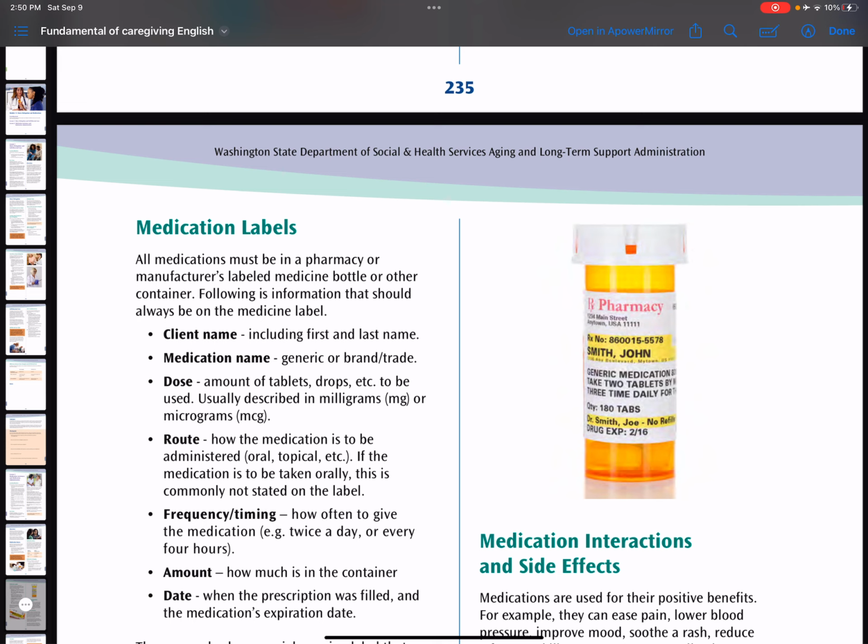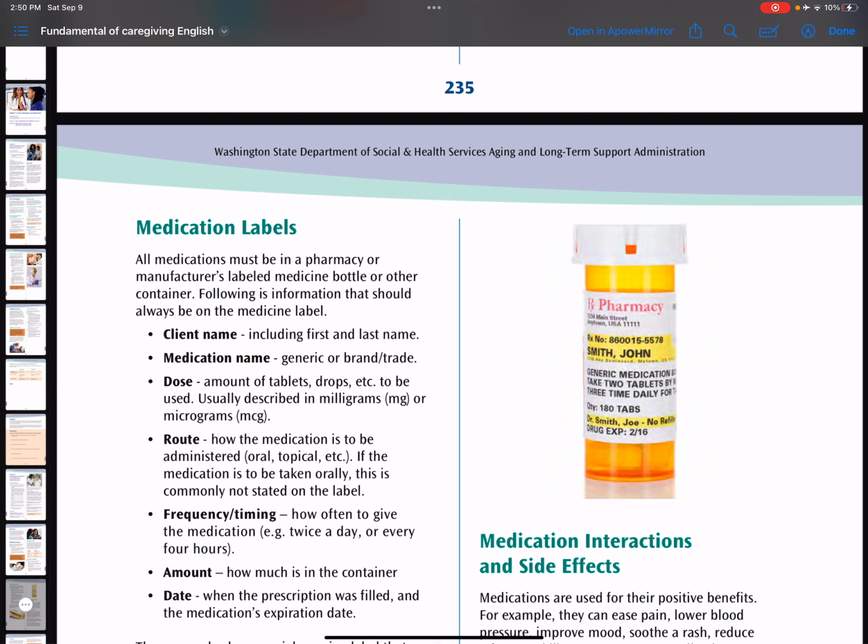What are the side effects? Effects of a medication that are not part of the positive benefit are called side effects. Something that you get from the medication that you don't want is a side effect. So part of the home care aide job is to observe the client, to watch for side effects. It can be nausea, vomiting, weight gain, restlessness, anything.